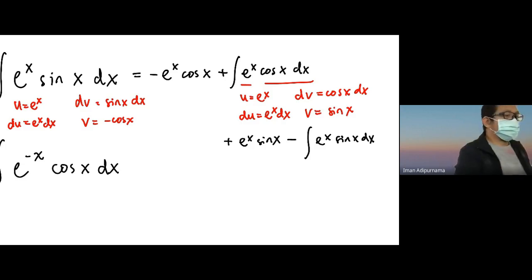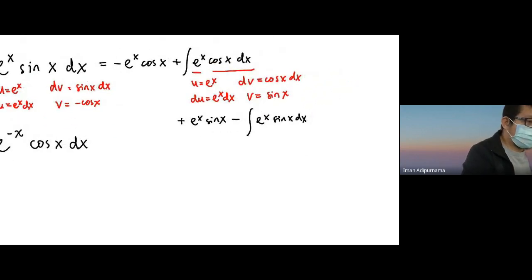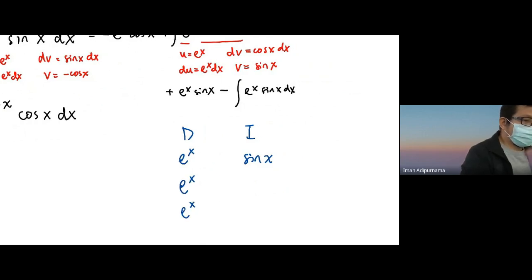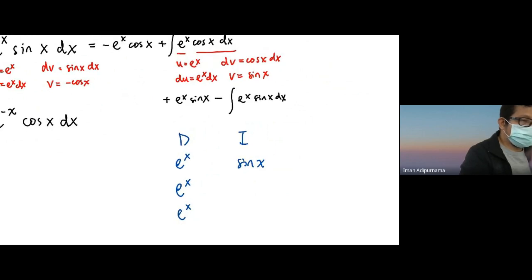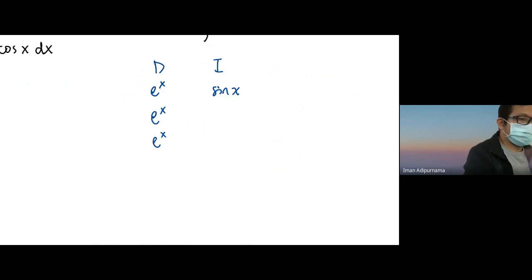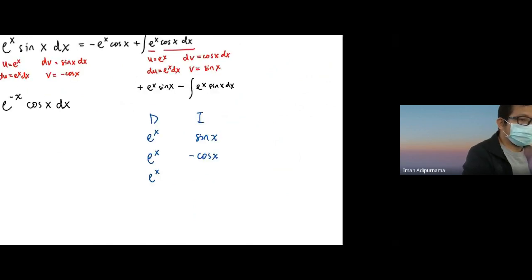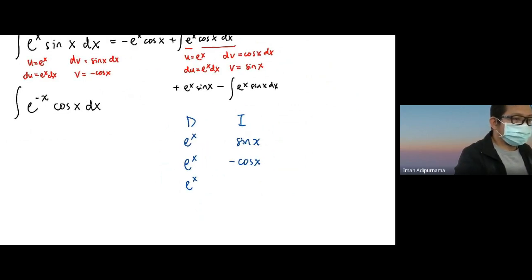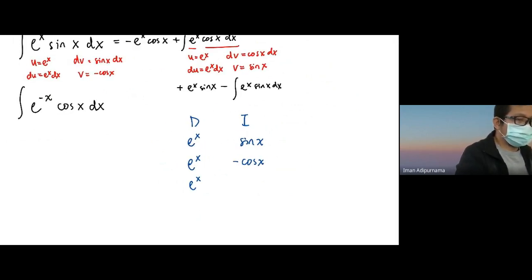And the same way, when you have the DI method, like I said before, we can also use it. So differentiate e^x still, right? Let's stop after several times. Maybe the integral is negative cos x, and the integral of negative cos x will be negative sin x.